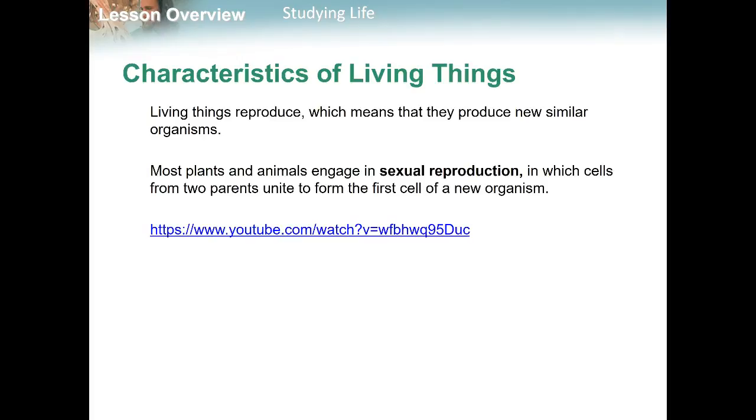Living things reproduce, and that means that they produce new similar organisms. So that's the next characteristic. They're going to reproduce in some way. We're most familiar with sexual reproduction, where it involves two individuals in order to make the new offspring.